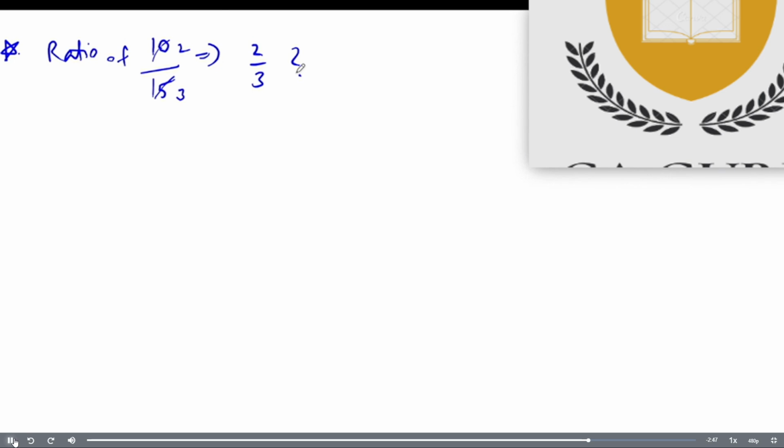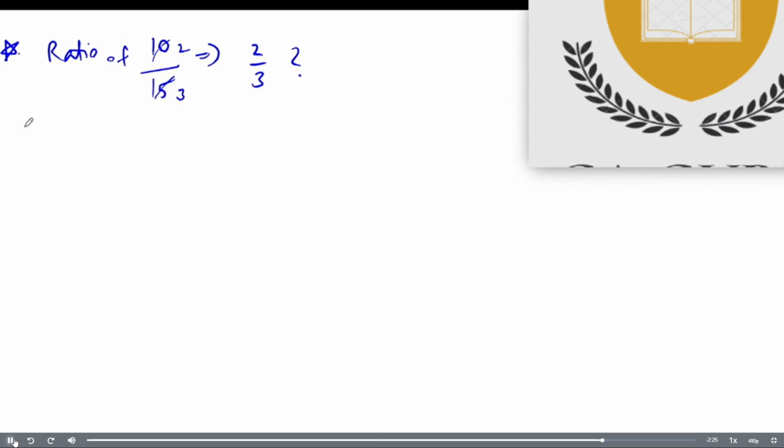Can I simplify this 10 by 15? How do I simplify? I take the common factor which is 5. It can be divided, 10 by 5 we get 2 and 15 by 5 we get 3. So 5 ends up being a common factor. Can I write the same ratio as 2 by 3?